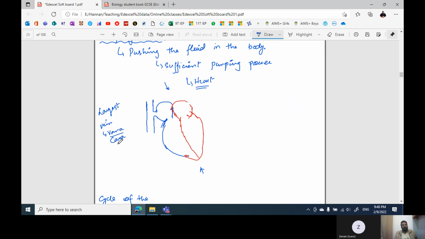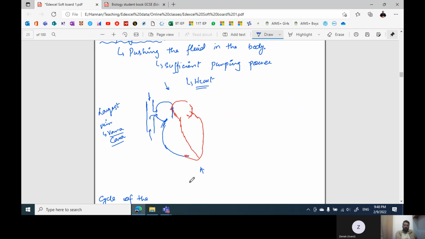Vena cava means cavity-like vein. Vena cava, the vein that receives all the blood from the head side and from the lower body. All the veins of the body combine to form the vena cava, and this vena cava enters into the right portion of the heart.